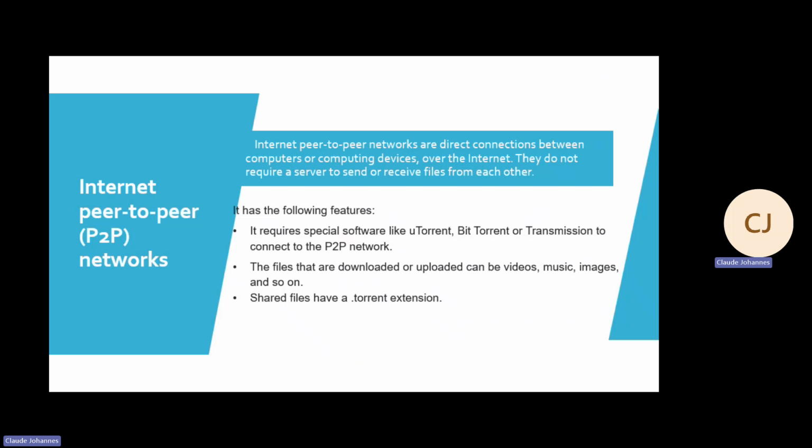The files that are downloaded or uploaded can be videos, music, images, and so on. So where do you download uTorrent or BitTorrent data? If you go to Kick-Ass Torrents, but you need to have the software, either BitTorrent or uTorrent, you can basically download videos, music, images, and even software applications.